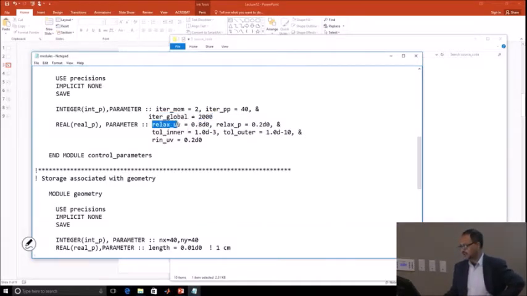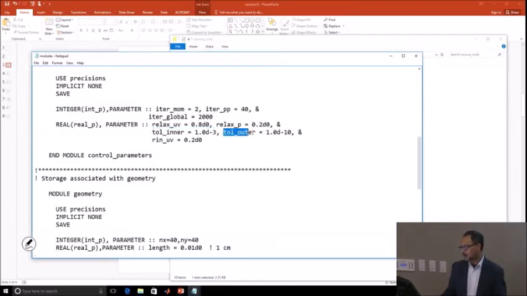Here is my relaxation. This is your omega UV, okay, 0.8. Here's your relaxation for pressure, omega p, okay, 0.2. Here is my inner iteration tolerance, although I don't think I use this. But in case you use this, instead of using number of sweeps, if you said, okay, I'm going to set a tolerance criterion, I'm using 3 orders of magnitude, okay?